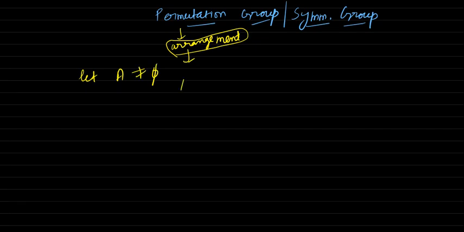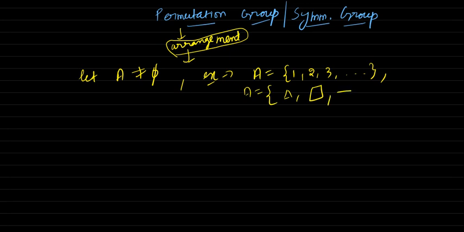For example, A can be 1, 2, 3, any non-empty set, or A can be some triangle, some square, some line segment, or A can be some happy emoji and some sad emoji also. So A can be anything, just any non-empty set. A need not be finite, A need not be infinite. A just has to be non-empty.